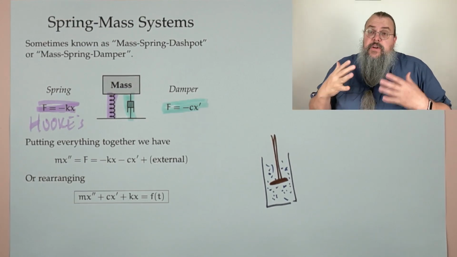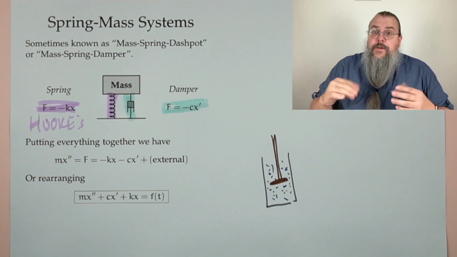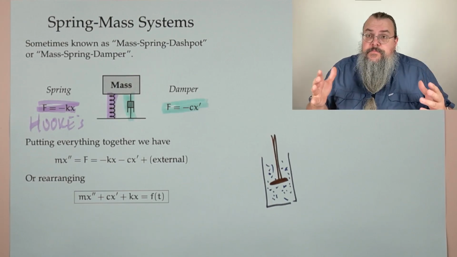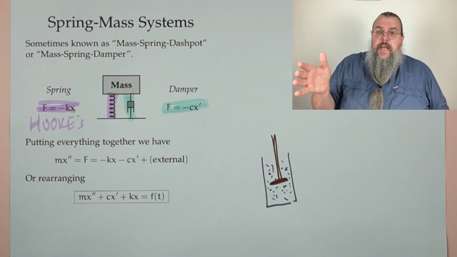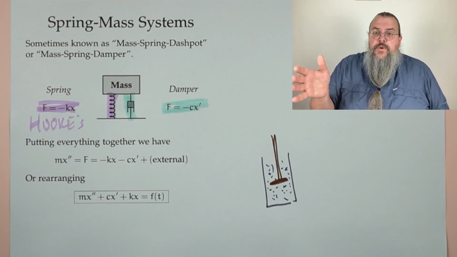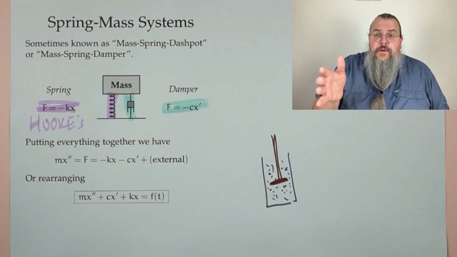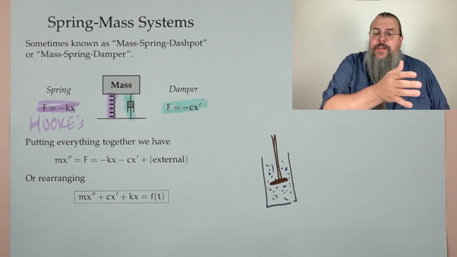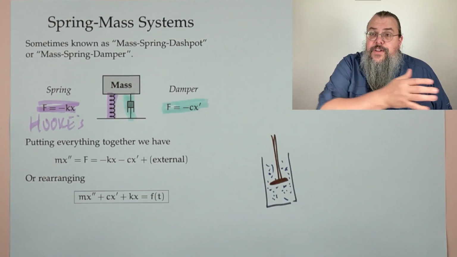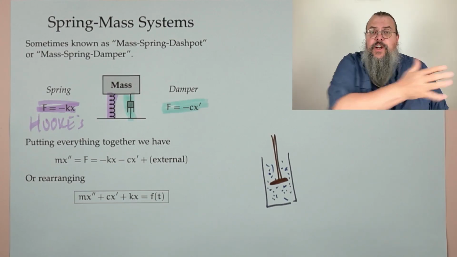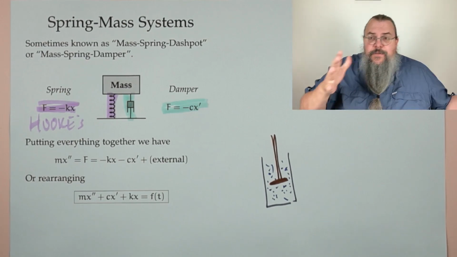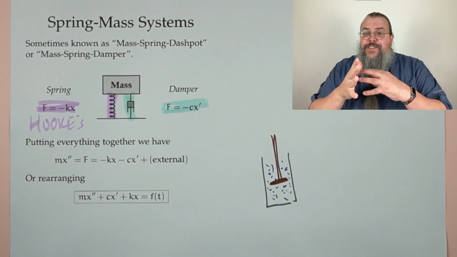Now you can experience this for yourself and try it out. Go to a swimming pool and go in the water and move your hand. If you move it very slowly, you'll see there's hardly any resistance at all. But if you try to move it quickly, you'll feel a lot of resistance.